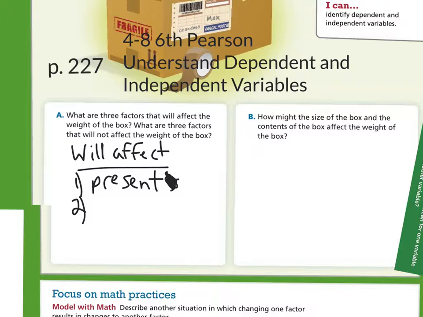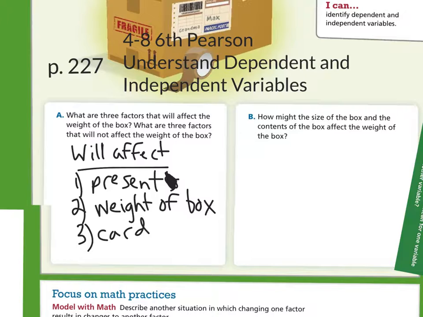Then we'll have the weight of the box. You might not think about that one, but the box does weigh something also. With the present, if they included a card, we'll consider that separate from the present part. Not real heavy, but some weight there.